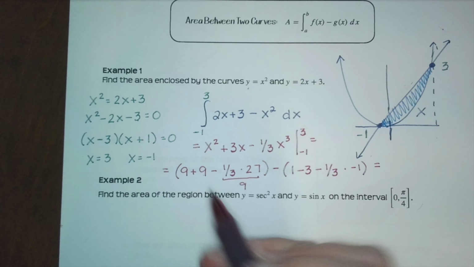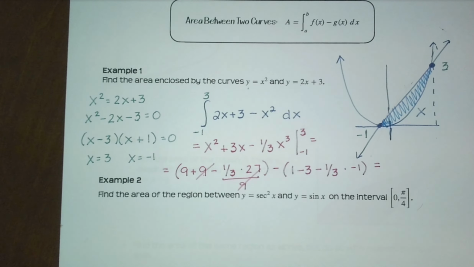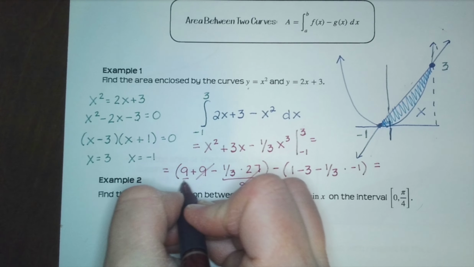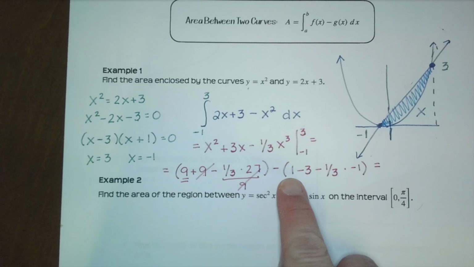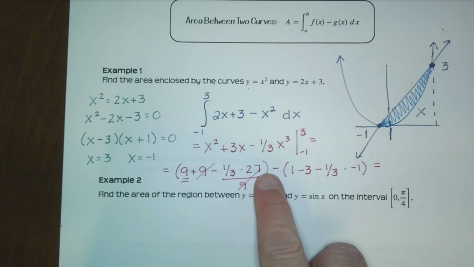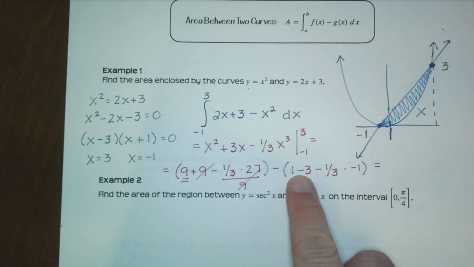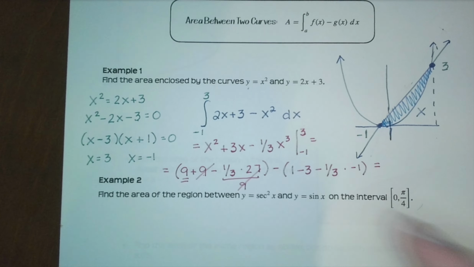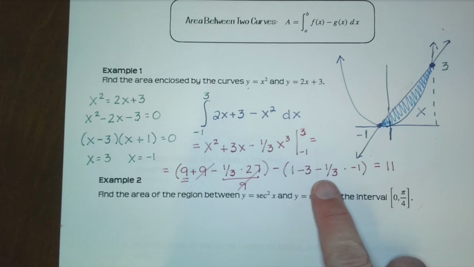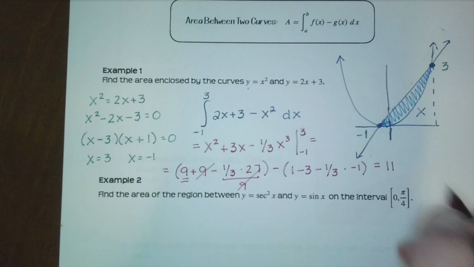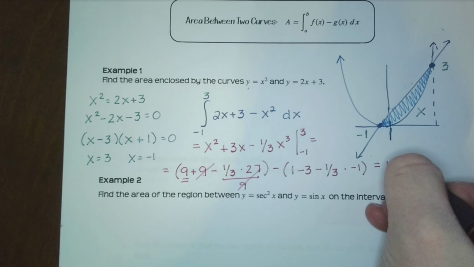And then really I have a 9 minus 9, so those just cancel each other out. So I'm left with just this 9 here. I have 9 minus 1, which is 8, and then minus negative 3, so that's really like a plus 3. So I think that leaves me with 11. And then negative 1/3 times negative 1 would be a positive 1/3.